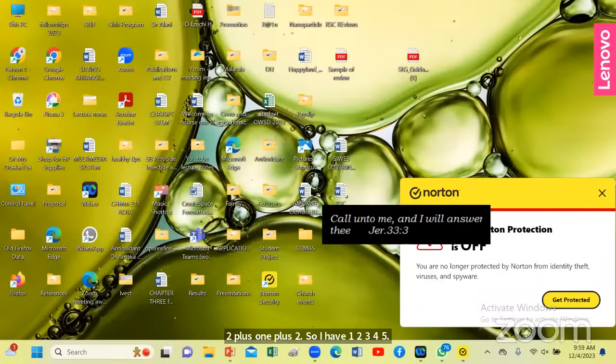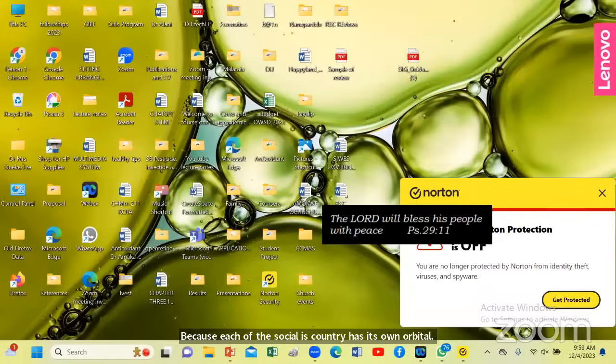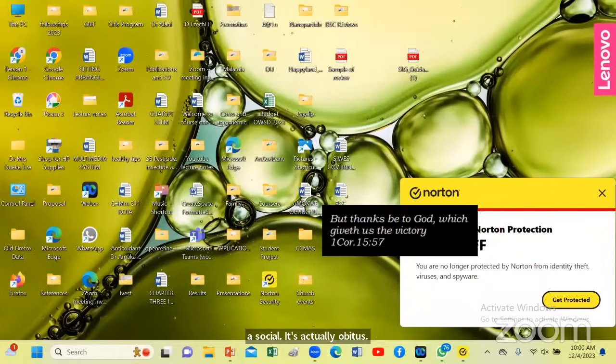So 4 + 5 is what? Exactly. You have 3 subshells, but you have 9 orbitals, because each subshell has its own orbitals. The 3s is a subshell. It has 1 orbital. The 3p is a subshell. It has 3 orbitals. The 3d is a subshell. It has 5 orbitals.